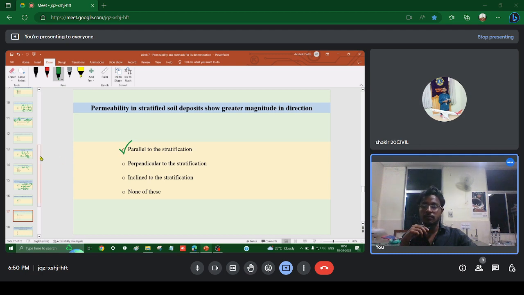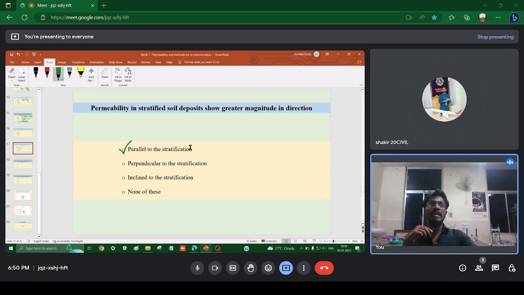So that is the harmonic mean, and since we are talking about parallel to stratification, it is the weighted arithmetic mean. It is more than harmonic mean, and hence it is greater. Clear? It is not okay to know just that it is greater. You should know why it is greater.